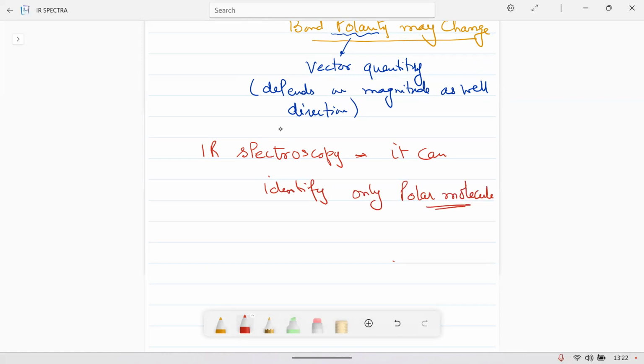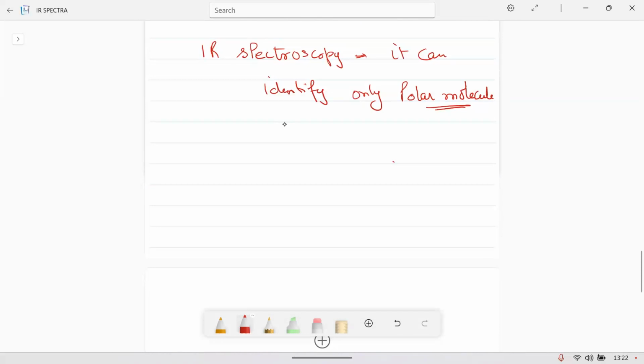Only polar molecules. Now here is the problem. For example, if I ask you for carbon dioxide, will this be identified?